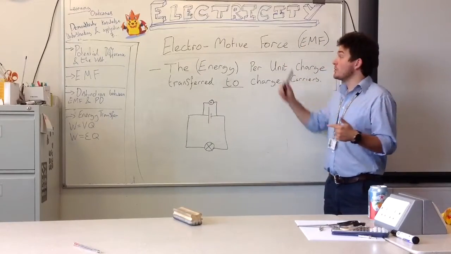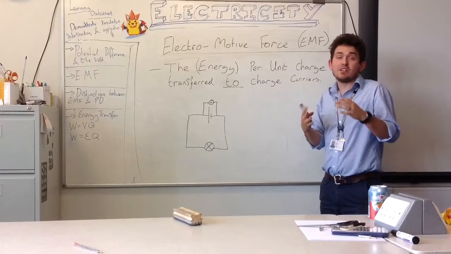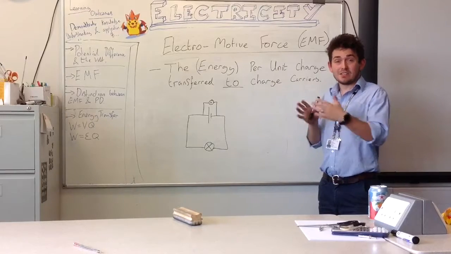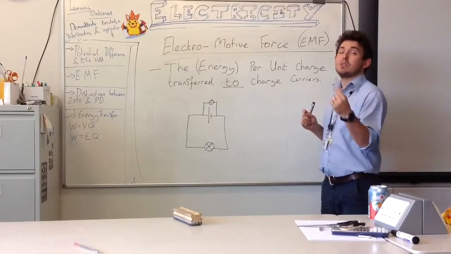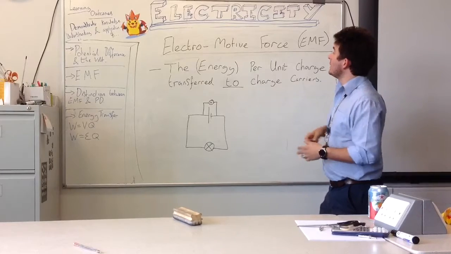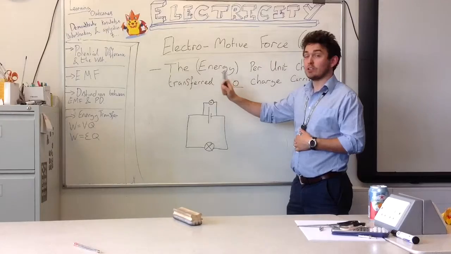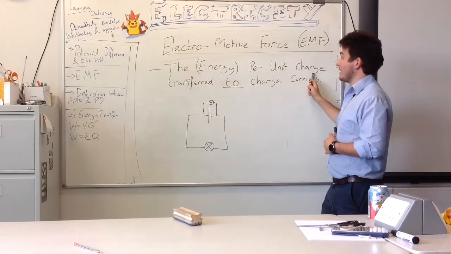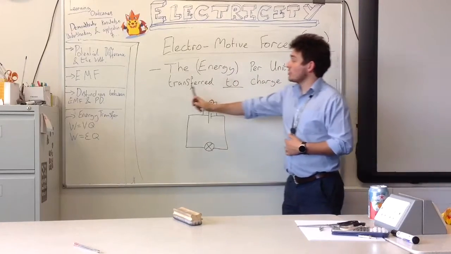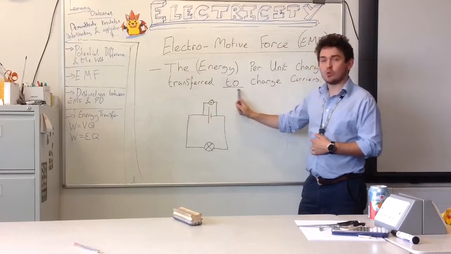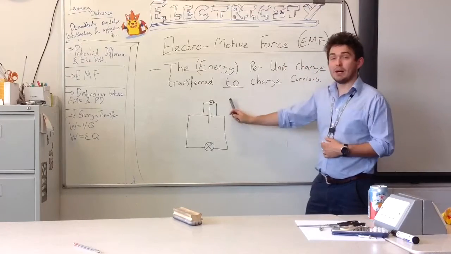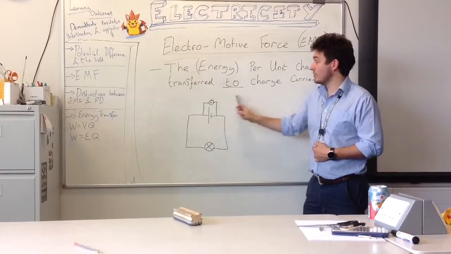Now, the electromotive force is measuring effectively the same thing. It's still got the units of volts, but it differs in this simple way. Electromotive force, EMF, is the energy or work done per unit charge, so the same as before, transferred to charge carriers, not by charge carriers, transferred to charge carriers.